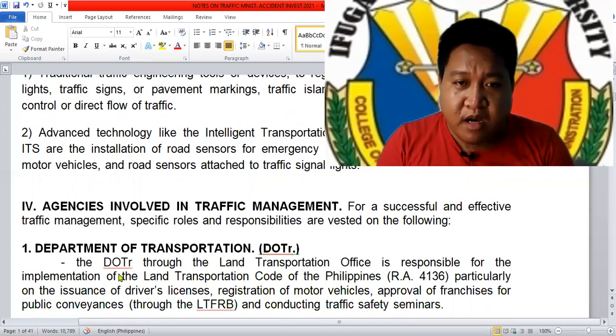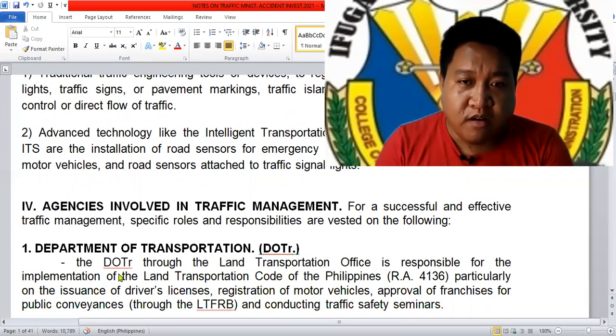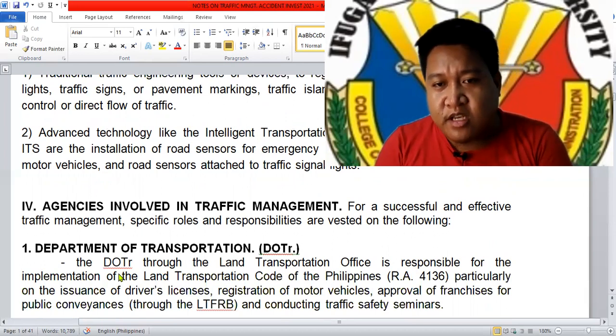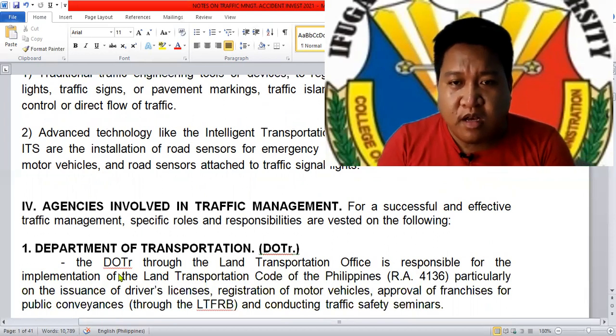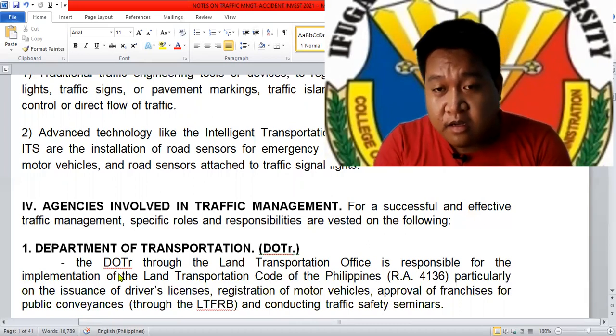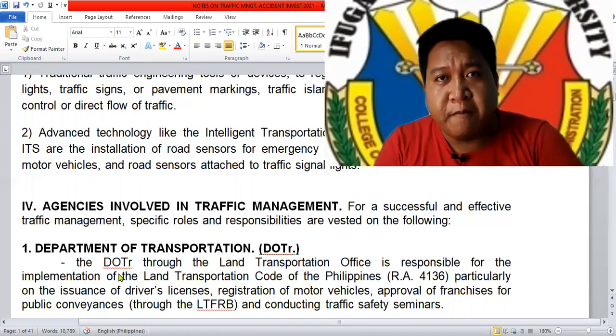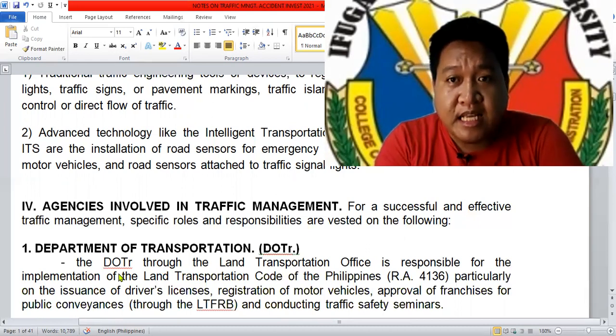Pero para makapag-focus ang DOTC sa transportation, they passed a law separating all attached agencies in DOTC, detaching them and creating a new agency. That's why we have the DICT today.